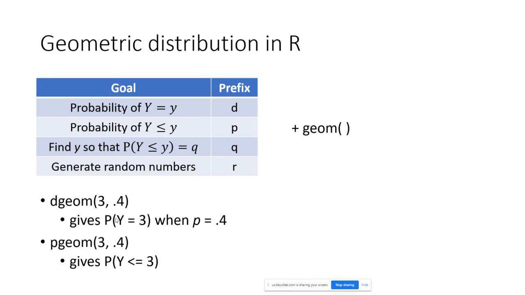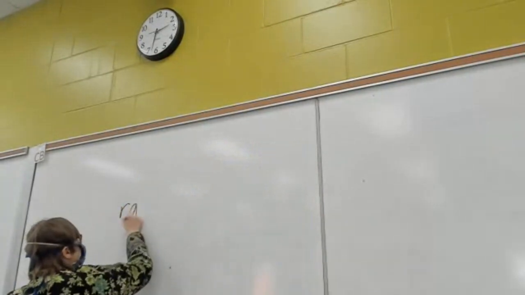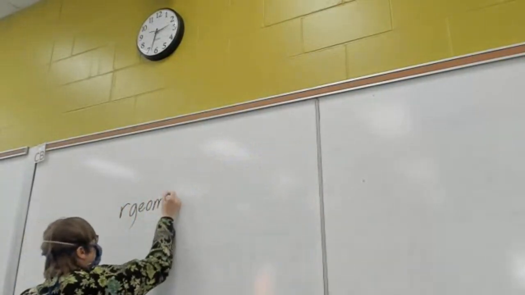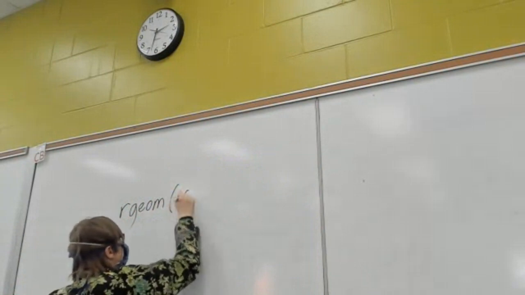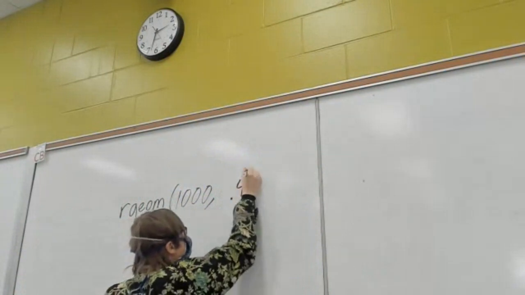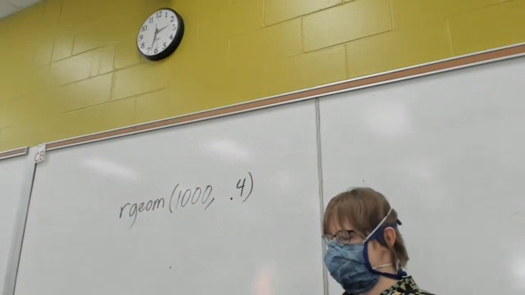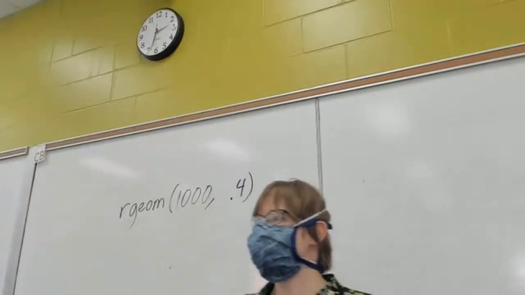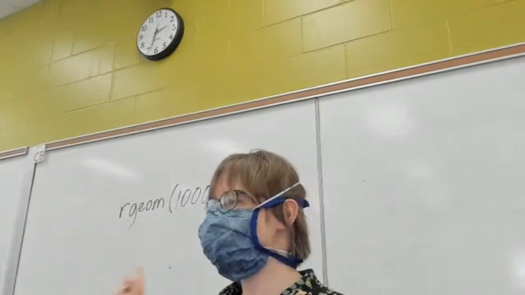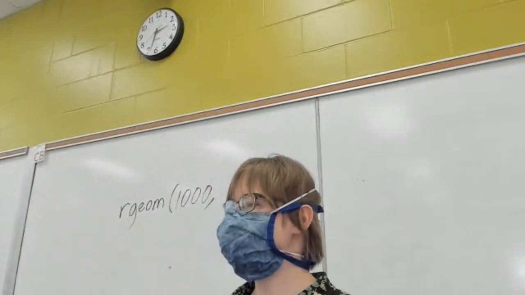Generate random numbers, how does that one work? So that would be rgeom. Say we want 1,000 random numbers, and success probability on any one trial 0.4. Does that answer your question?